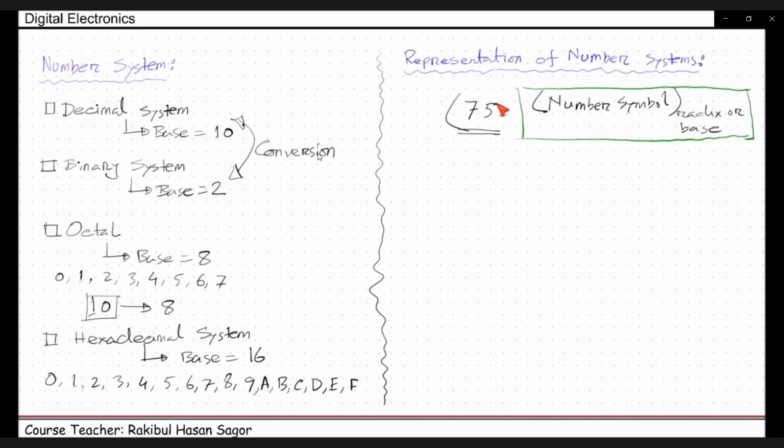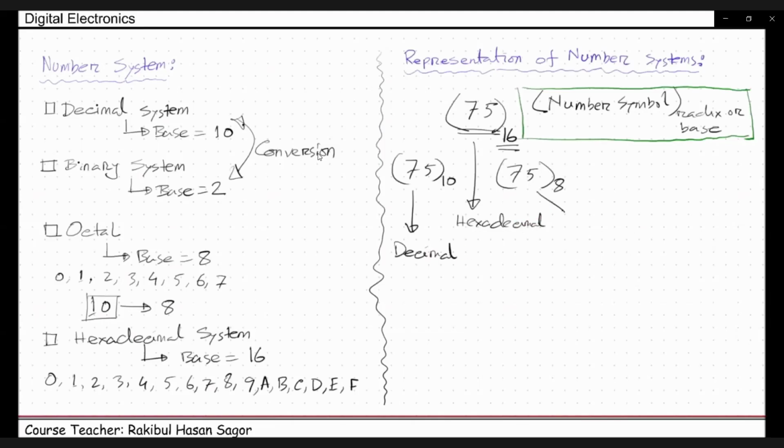Now if we write this 75 and if we write 16 here, what type of number is this? This is hexadecimal because the base is written here. Again, the same number 75 we represent in this way, so this is a decimal number. Again, the same number if we represent in this way, then it is an octal number. So this is hexadecimal, this is decimal, and this is octal.